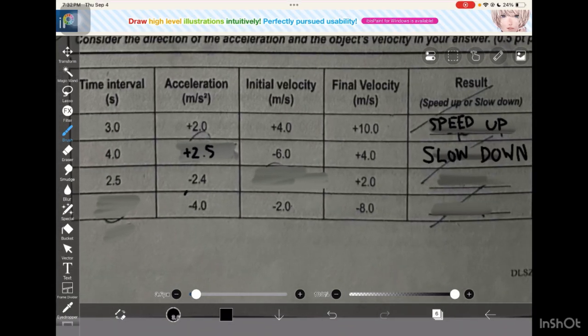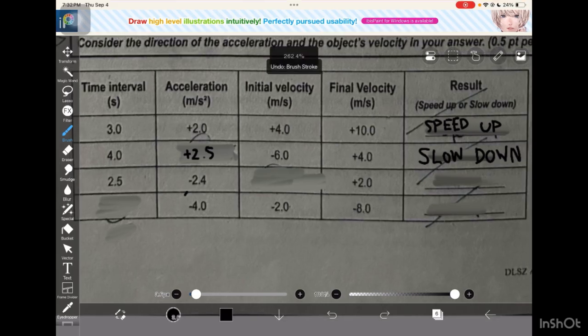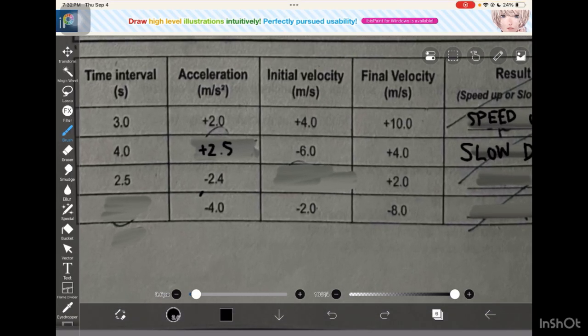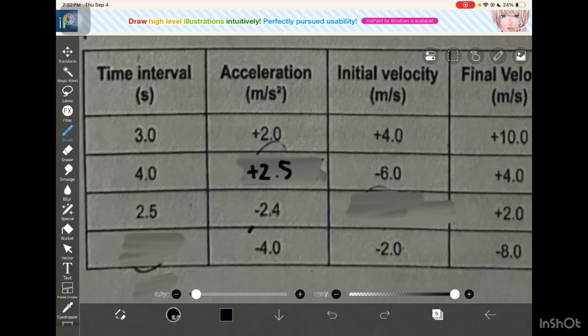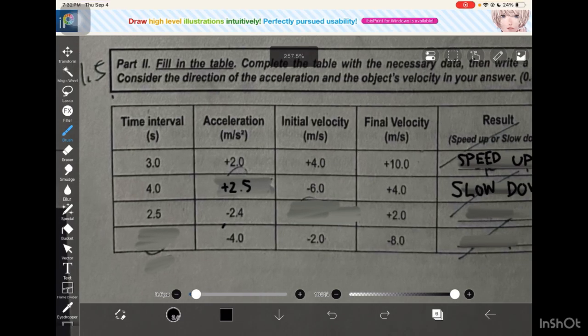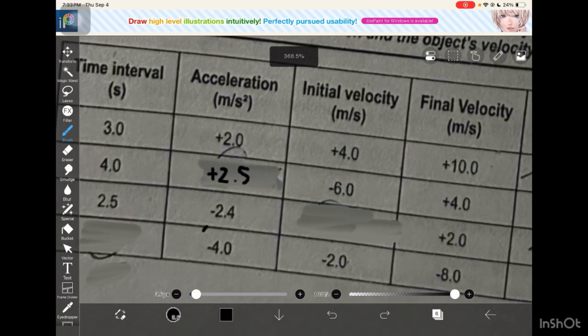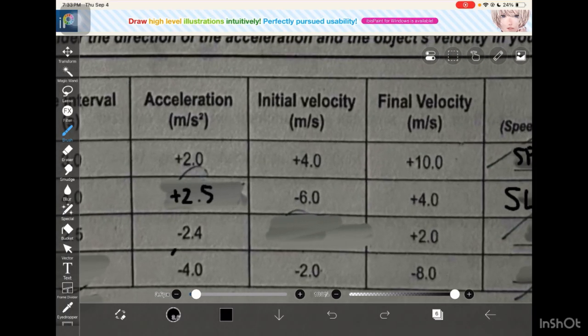Next, how about the initial velocity? We're given the acceleration and the time interval, but no initial velocity. How do we solve for this one? We know that acceleration is in meters per second squared and time interval is in seconds. So we can multiply these two to get the difference between v sub f, final velocity, and v sub i.